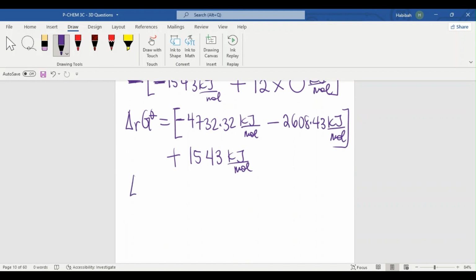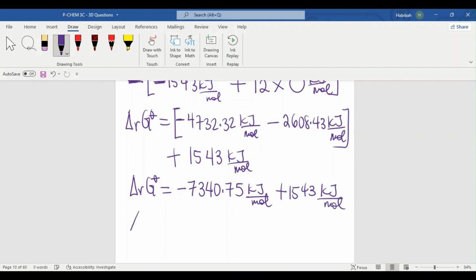So we have the Gibbs energy of reaction equal to negative 4732.32 kilojoule per mole minus 2608.43 kilojoule per mole. You're going to end up with negative 7340.75 kilojoule per mole plus 1543 kilojoule per mole. So continue. We just put this information on a calculator. Negative 7340.75 plus 1543 would give us negative 5797.75 kilojoule per mole.